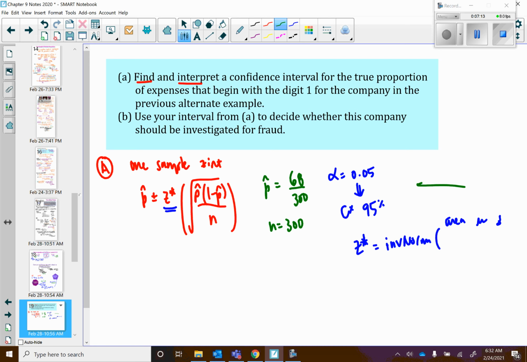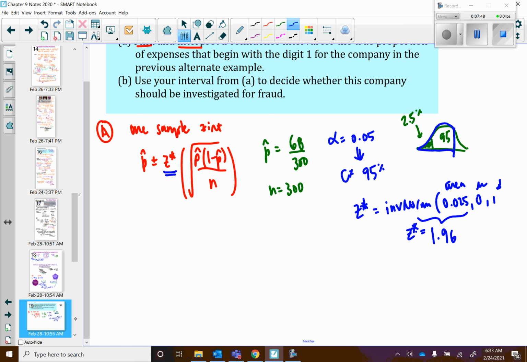If we want the value to give me 95% in between, that means this lower is 2.5%, or I could type in 97.5% as well, whichever one makes more sense to you. 0.025, a mean of 0, and a standard deviation of 1. If you want to pause the video to get this, otherwise, this would be 1.96 as our critical value, which we've seen a lot of times as we've done our 95% confidence levels, so it shouldn't be shocking.